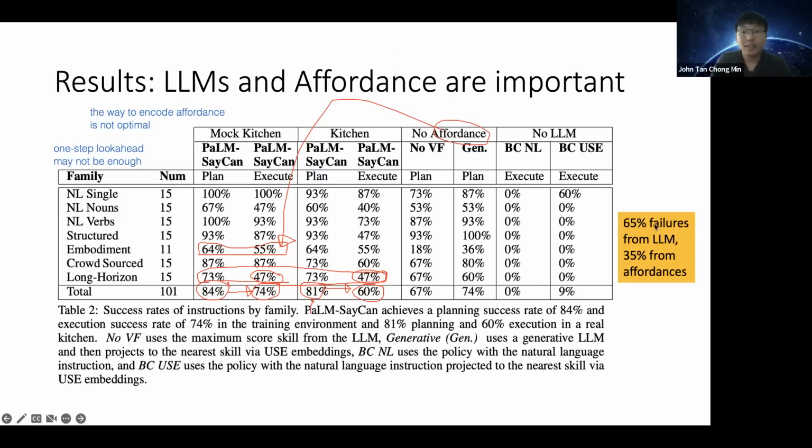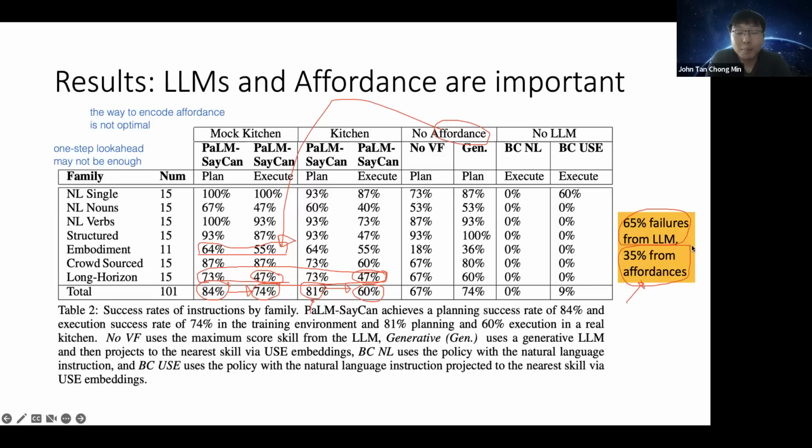So overall, they did analysis, and most of the cases of failures are from failures of the LLM, where the LLM fails to predict the correct output. If you compare both the LLM and the affordance, 35% of the failures come from the affordance itself. Okay, what does this tell us?